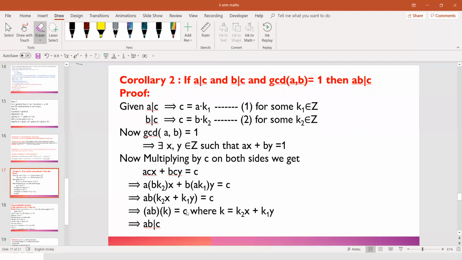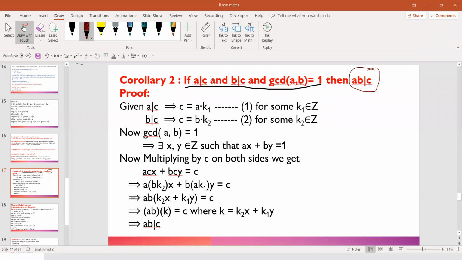When it is possible to get C equal to AB into some integer, we can say AB divides C. So this is the given part, and this part we have to prove.